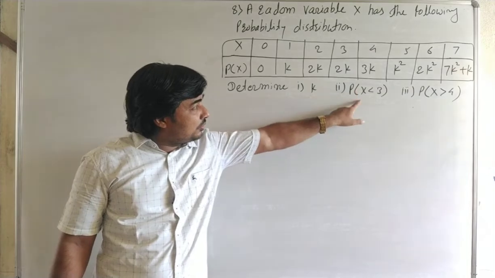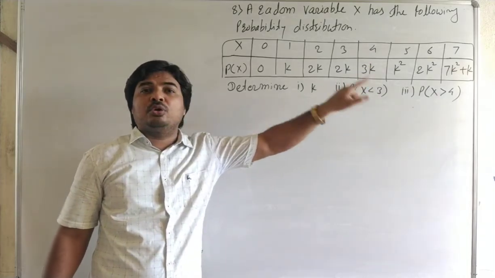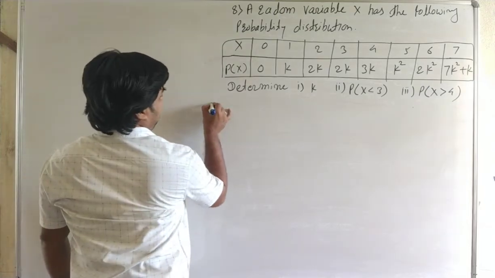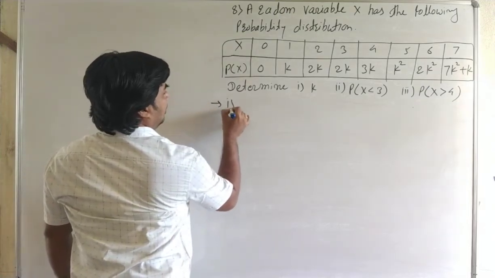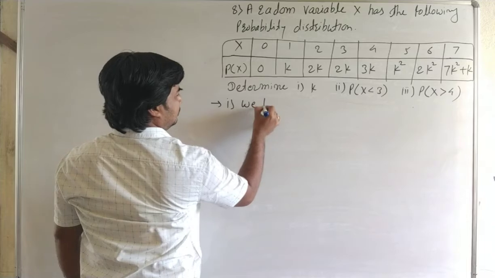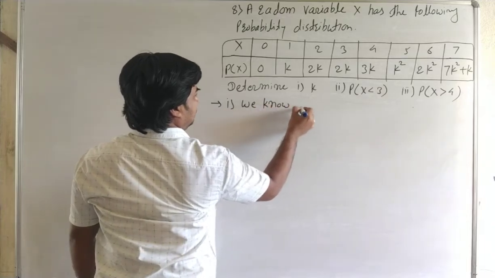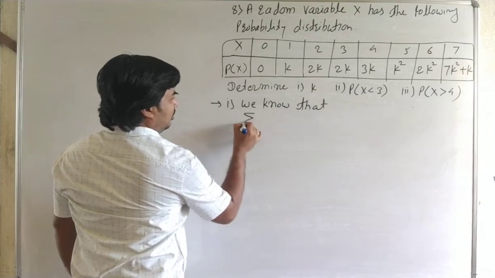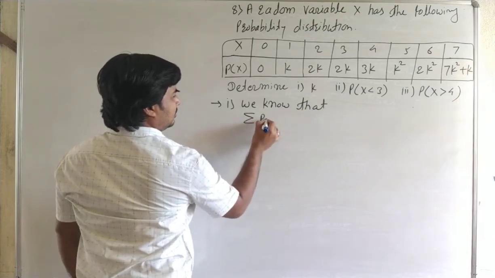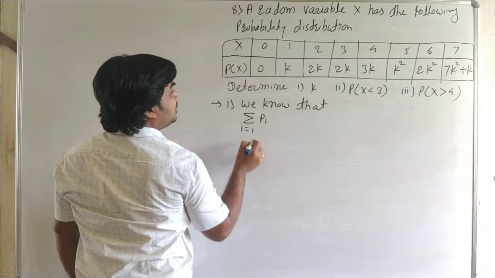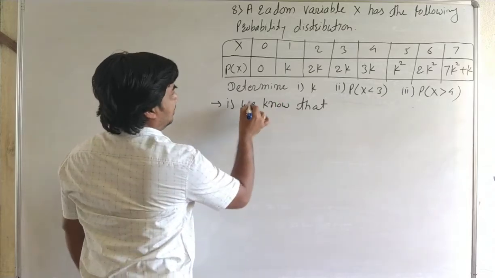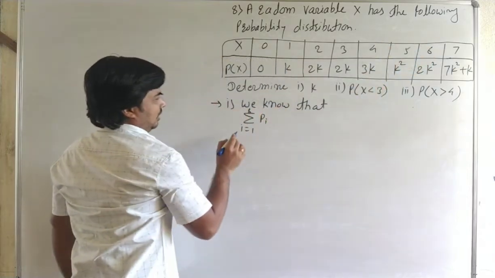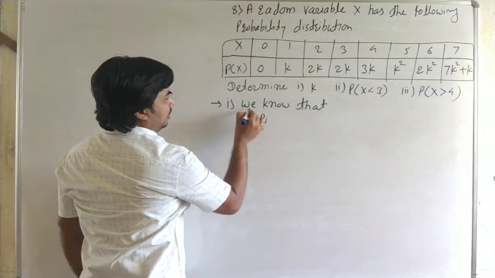Now we know that the sum of all probabilities is 1. There are 8 probabilities: 1, 2, 3, 4, 5, 6, 7 and 8.